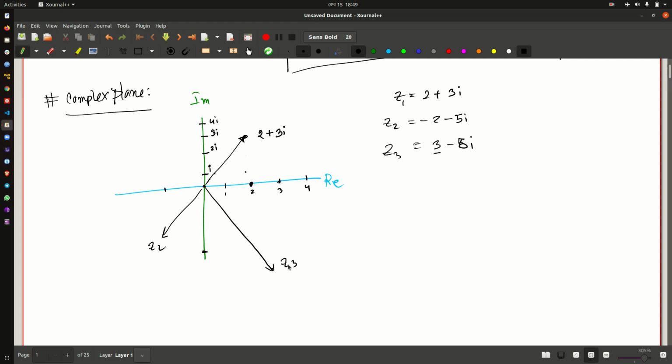Now you may ask, okay, since we are comparing these complex numbers with vectors, we know that vectors have a magnitude and a direction. So can we define something similar for complex numbers? Well, the answer is yes. Because as you can see from this graph over here, from the origin, all of these numbers have some distance. So maybe there is a way we can find out what that distance is.